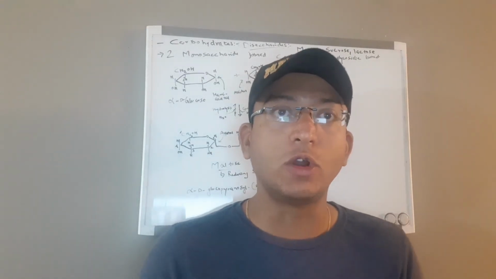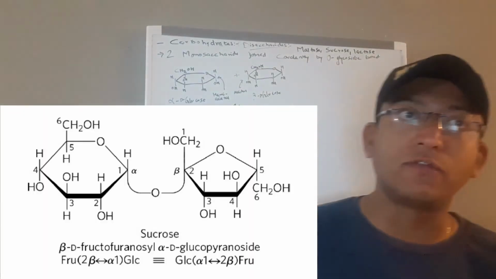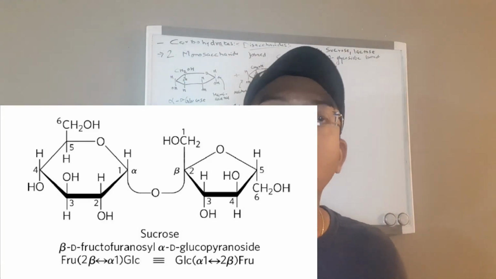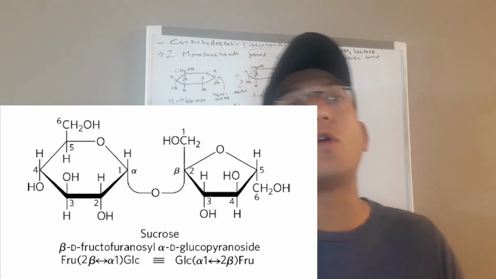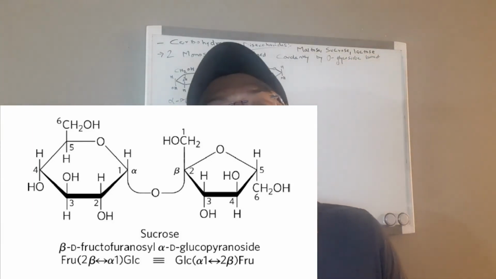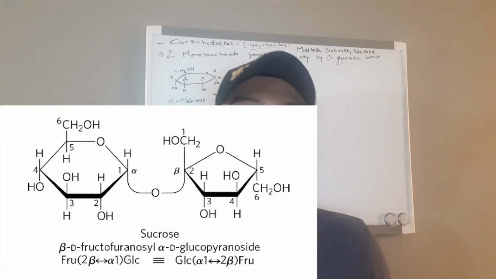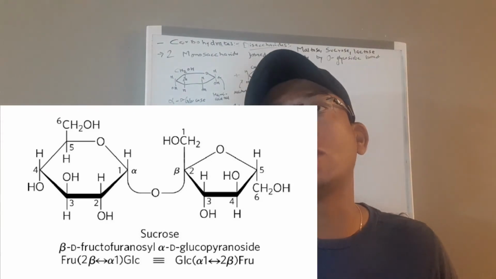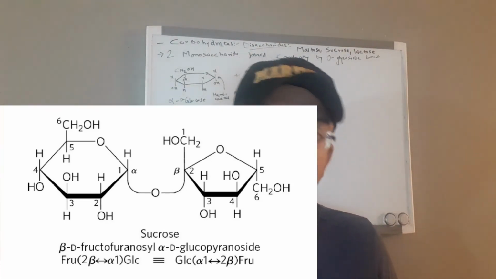As you can see on your screen, this is the structure of sucrose, and this is how both anomeric carbon atoms are involved in the glycosidic bond. So sucrose is a non-reducing sugar, and its stability and resistance to oxidation make it a suitable molecule for the storage and transport of energy in plants.